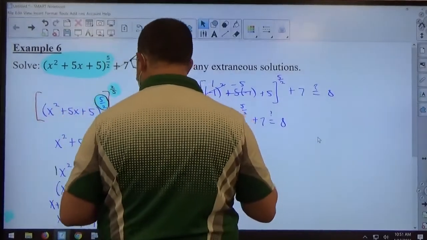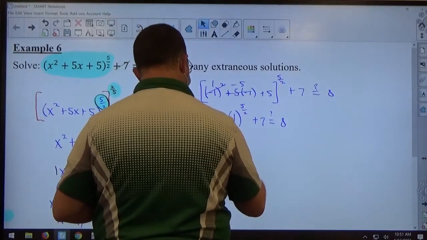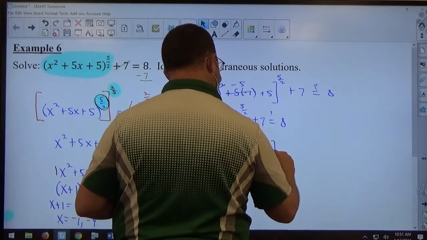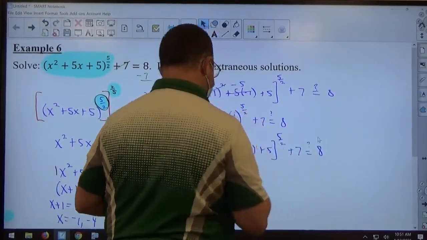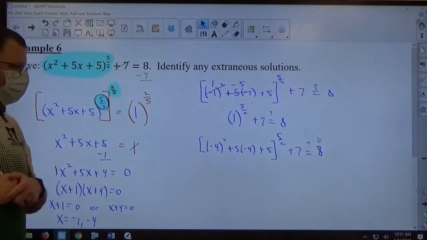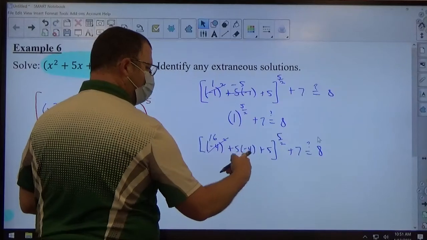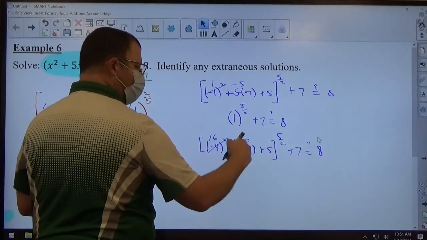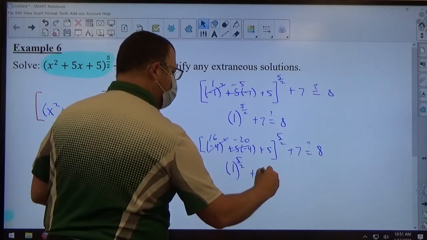My other answer is x equals -4, so if I test that one, -4 in parentheses squared plus 5 times -4 plus 5 to the 5/2 power plus 7 is supposed to equal 8. What's -4 squared? +16. -4 times 5 is -20. 16 plus 5 is 21, minus 20 is 1, so we get 1 to the 5/2 plus 7 might equal 8.